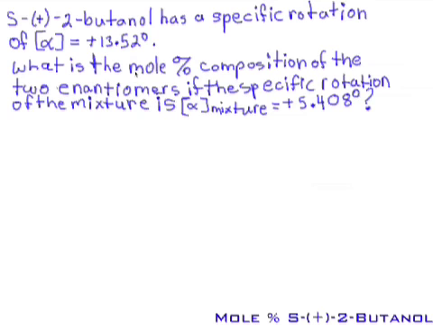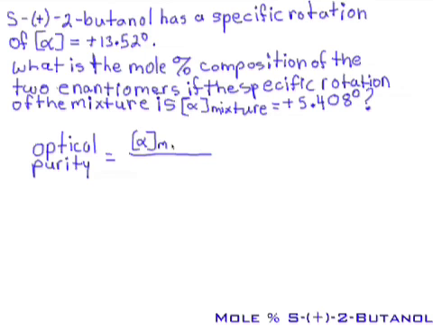In order to find the mole percent composition, we must first determine the optical purity. In a mixture of enantiomers, optical purity is defined as the ratio of the specific rotation of the mixture, I'll just put mixed, divided by the specific rotation of the pure, times 100%.